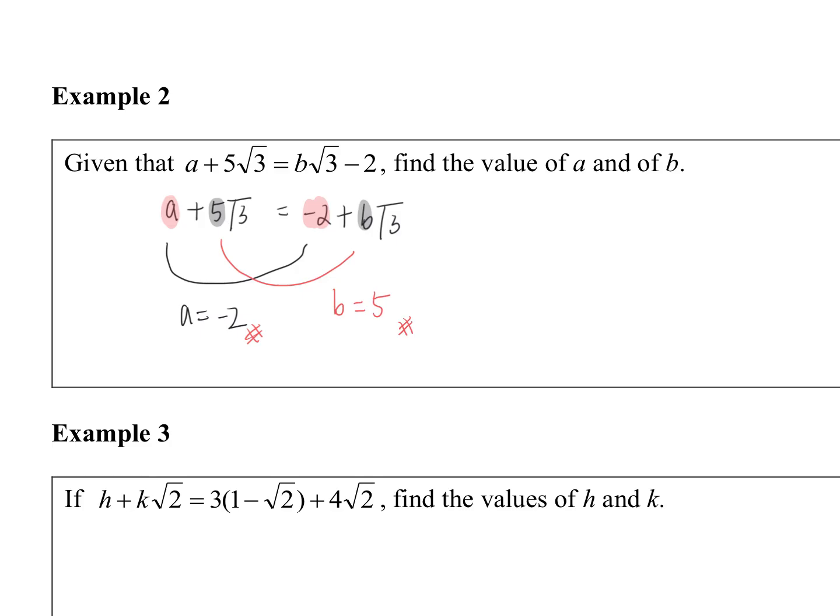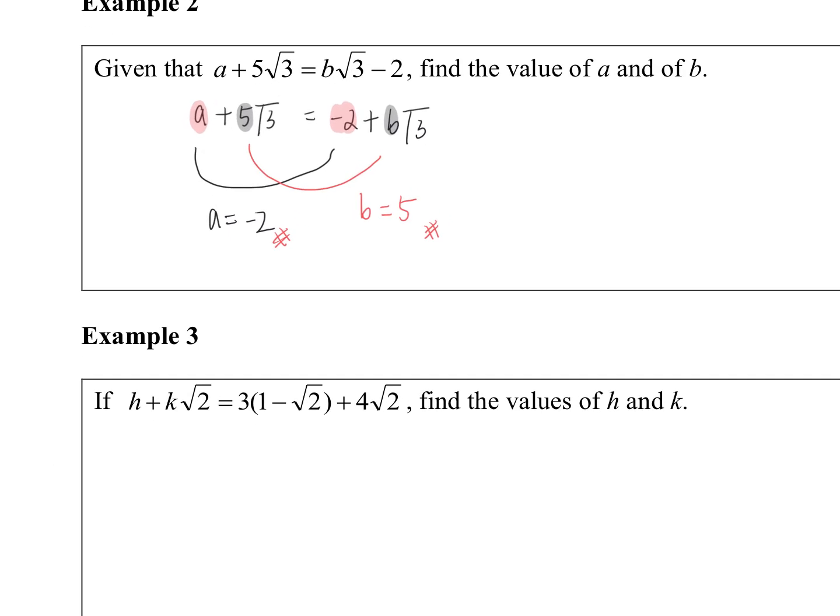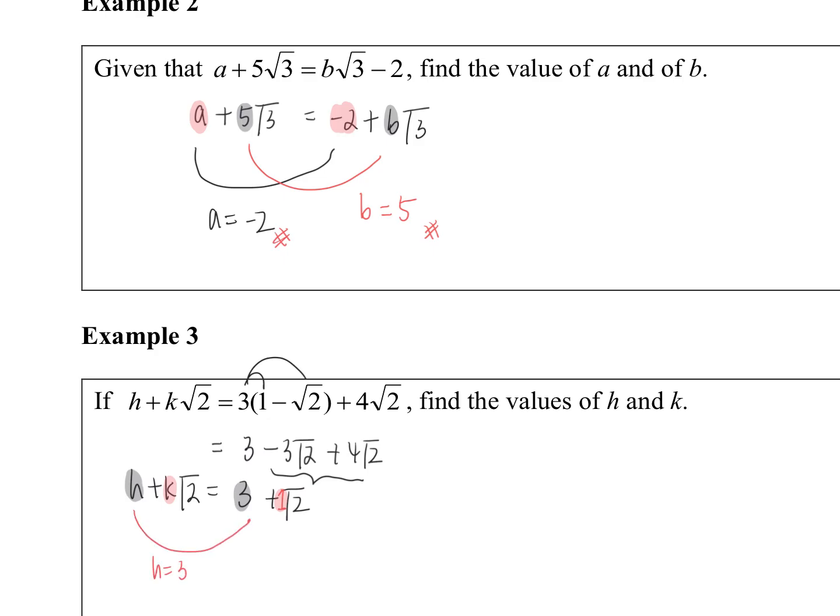Same thing, right hand side, go and expand first, and then simplify. Then now you can compare term by term. So H is 3 and K is the number in front here, which is a 1. Very, very simple and direct.